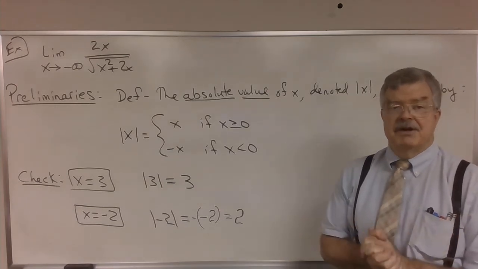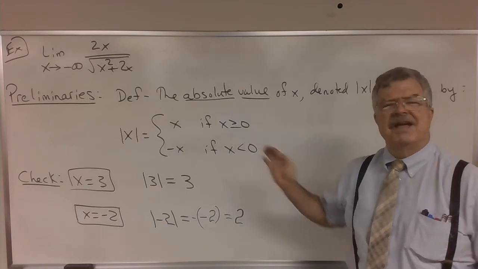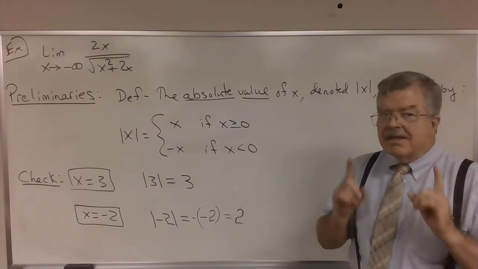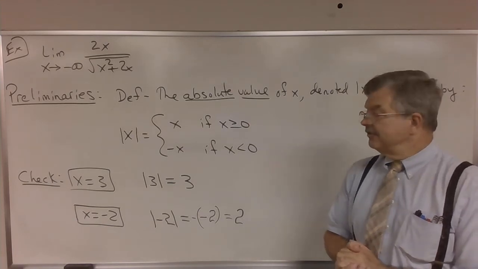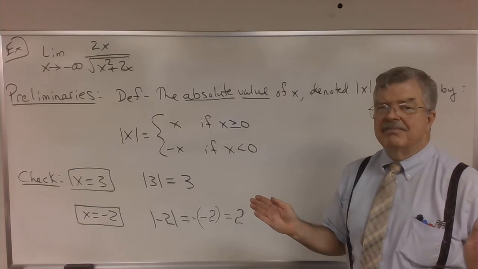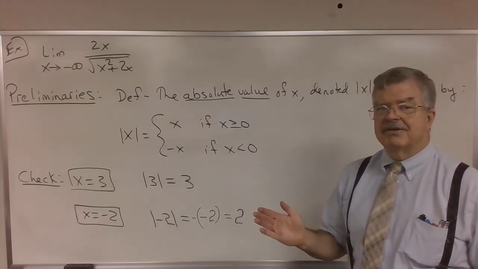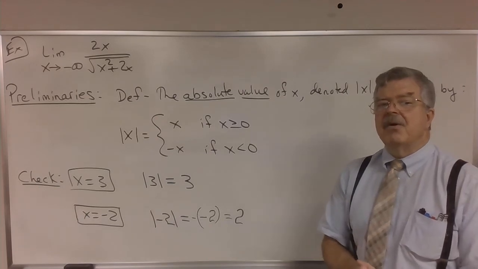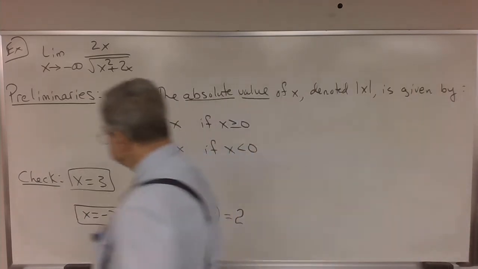They turn out to be equivalent, and we say, well, why can't we just have one or the other? This is one of those rare cases where sometimes one definition is better than the other. Other times, the other definition is better than the first. So we're going to look at an alternate definition of absolute value of x.